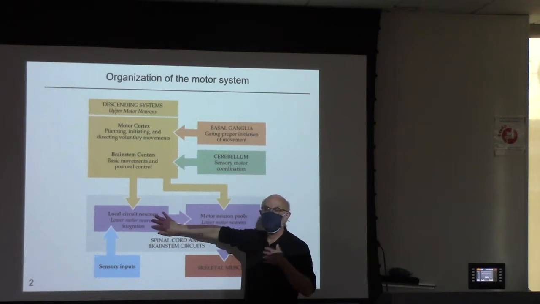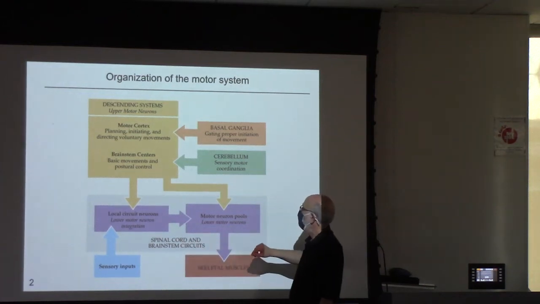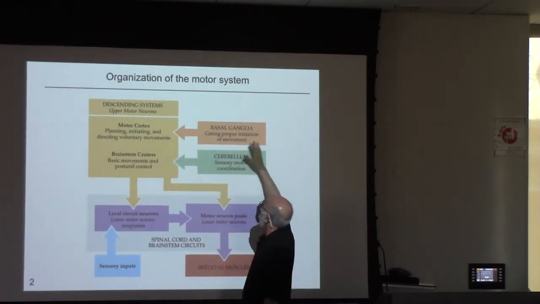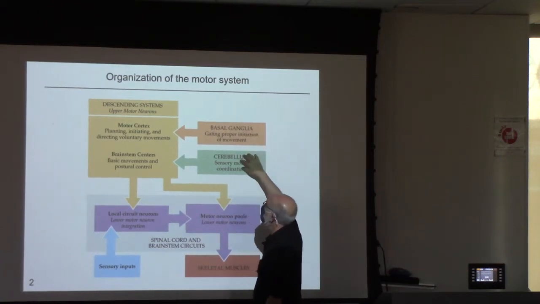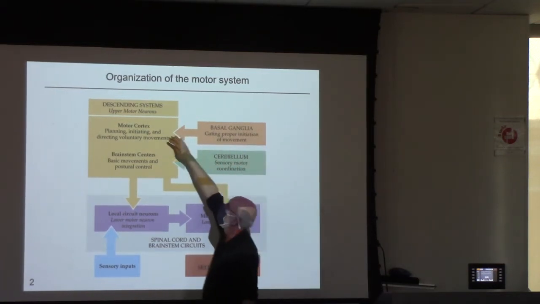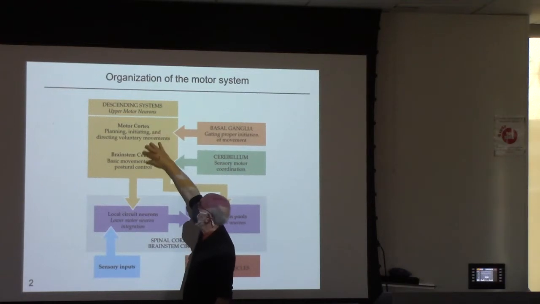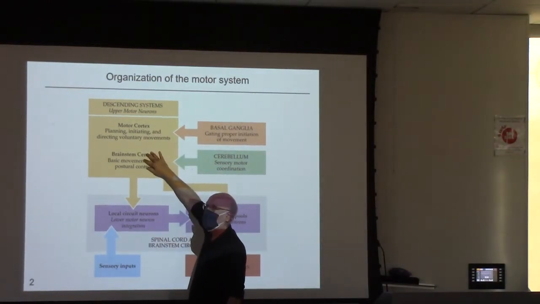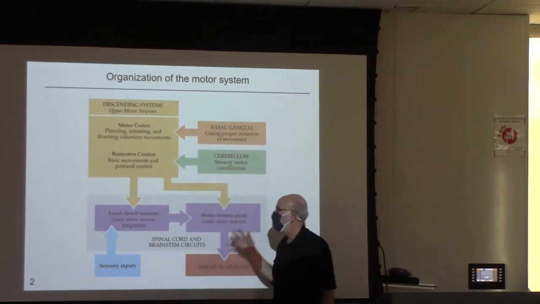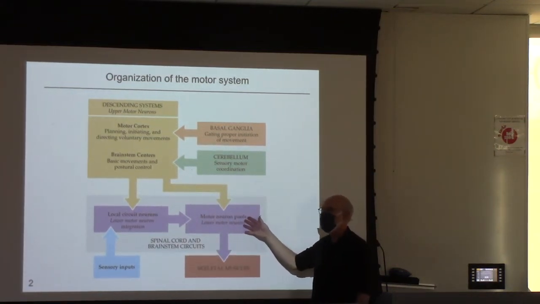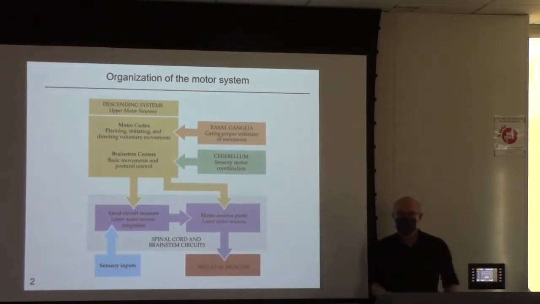It's not just a transmission line, it's also a part of your central nervous system. And then we'll talk about how the brain, basal nuclei, cerebellum, motor cortex, and subcortical regions, all of this inputs the lower structures that control muscle.